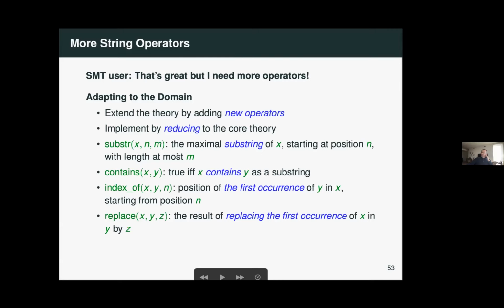In a little more detail, substring takes the maximal substring of X starting at position N with length at most N. Contains X Y is true if X contains a substring that is Y. Index of gives us the first occurrence of Y in X starting from position N. And replace is replacing the first occurrence of X in Y by Z.